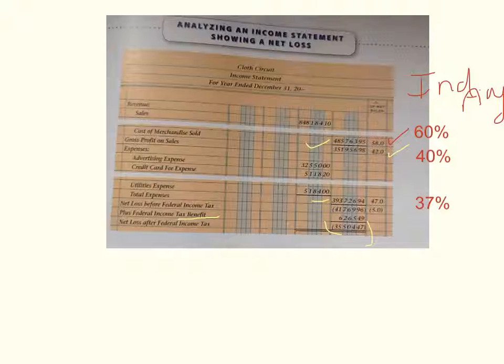The industry average for expenses is 37%. That means your expenses should not be more than 37% of your net sales. We calculated 47%. 47% on expenses is higher than 37. This is not an acceptable ratio.